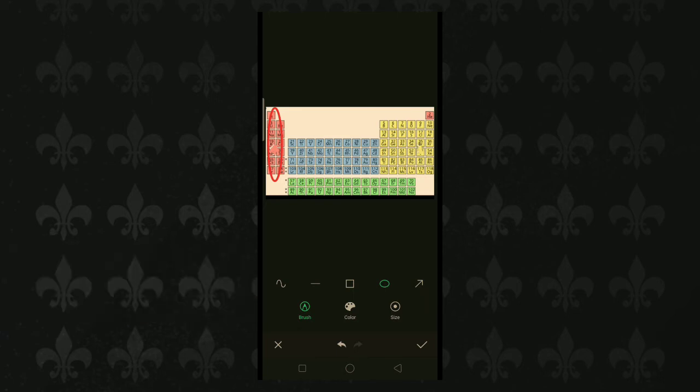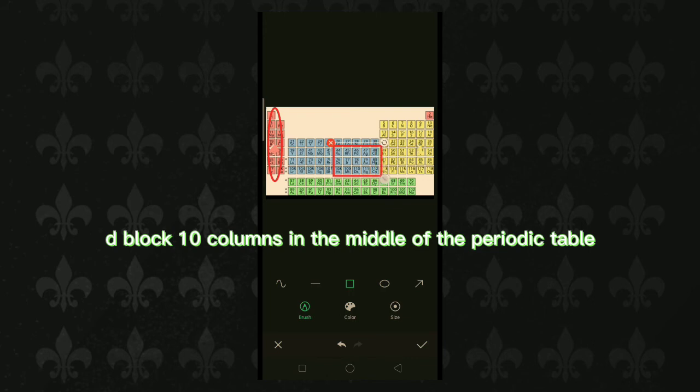D block: 10 columns in the middle of the periodic table. This is the D block.